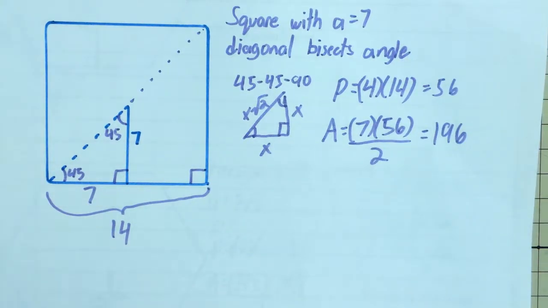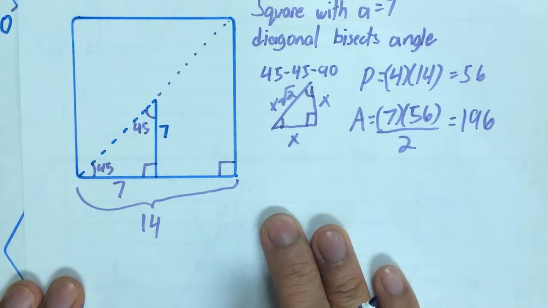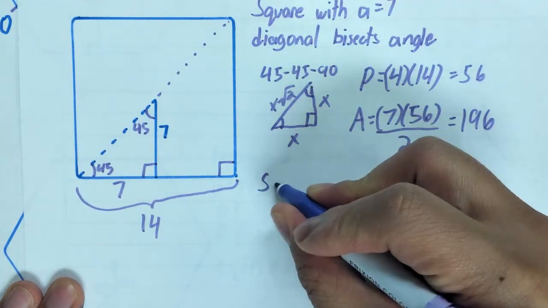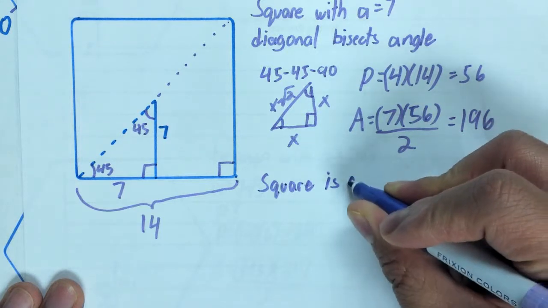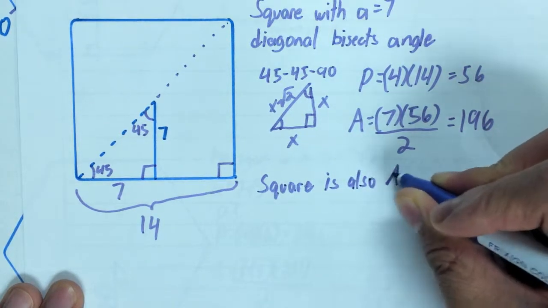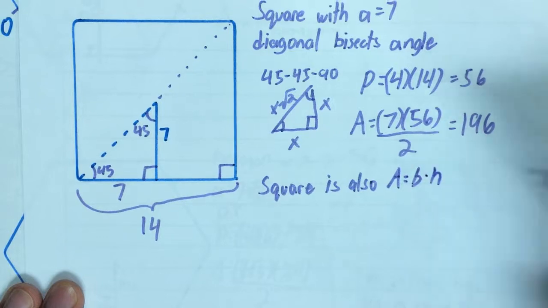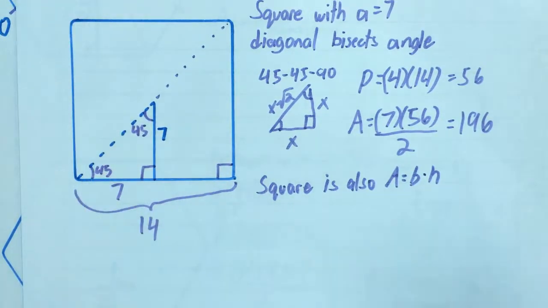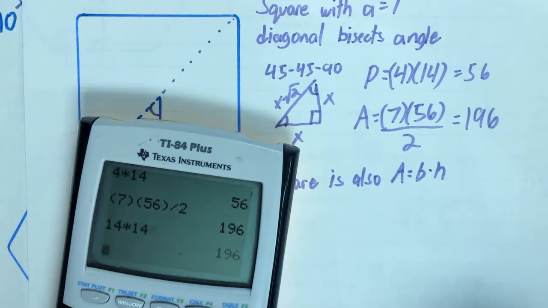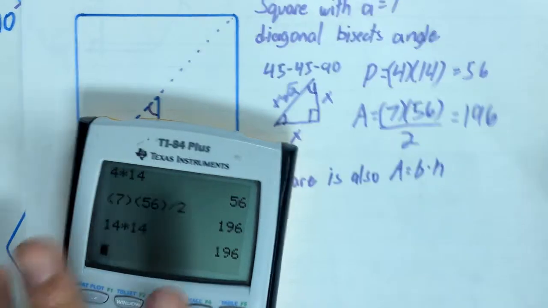Of course, some of you would probably have noticed this is a square. Another formula for square, specifically, area equals base times height. So yes, you could have done 14 times 14, which gives you the same answer.